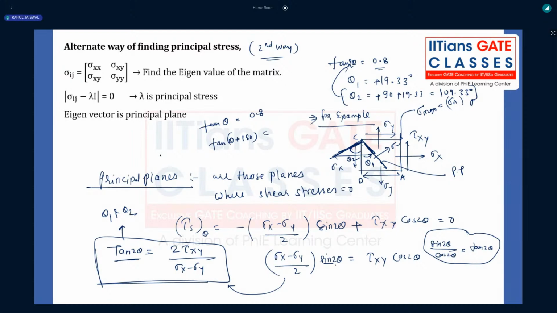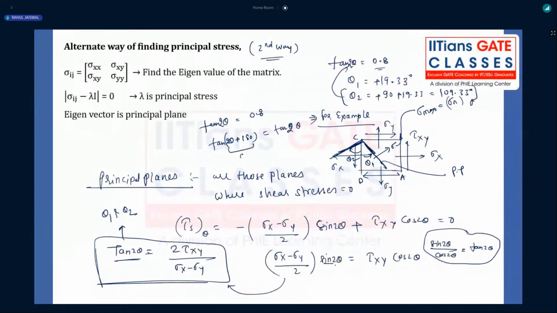What is tan of 180 plus theta? Can I call that tan theta? Let's suppose, for example, 2 theta. So what I can write? That will be 180 plus 2 theta. That will be tan 2 theta.